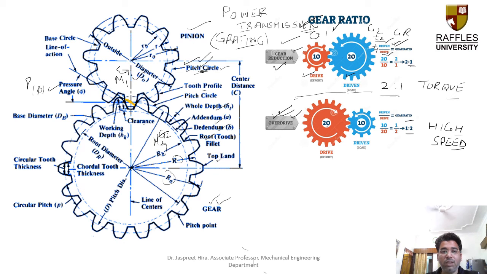As you can see, this particular point is very significant when you are discussing the power transmission from the pinion to the gear. So if any student has any doubt related to this particular system, the gear ratios and the nomenclature of a gear ratio, you should be aware of this nomenclature.